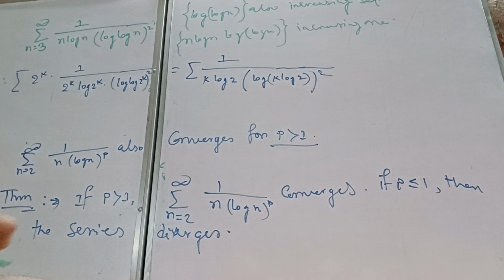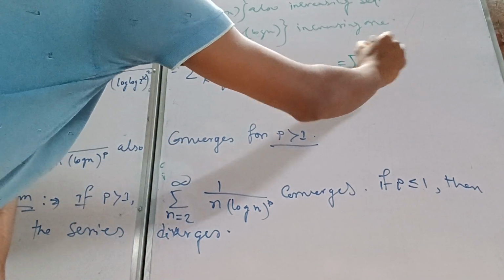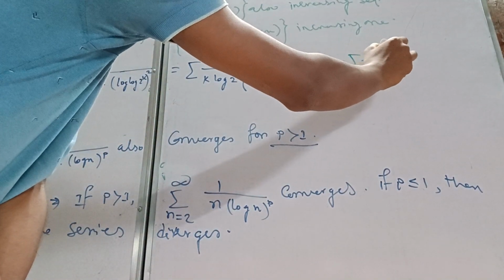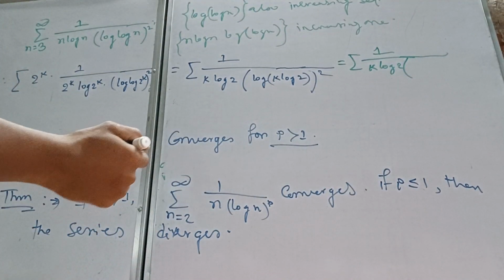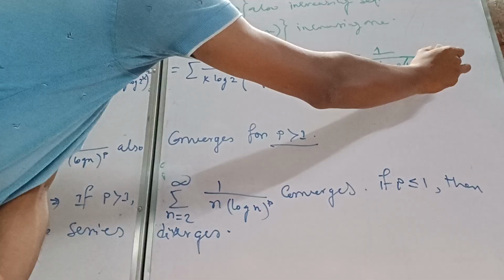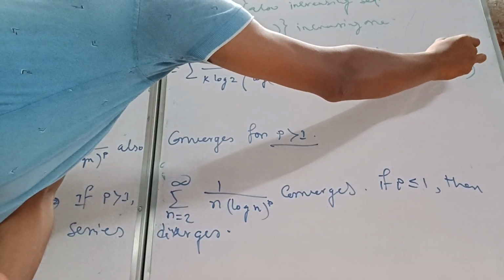Then in this way we also obtain k log 2, here (log of k plus log of log 2) whole squared.